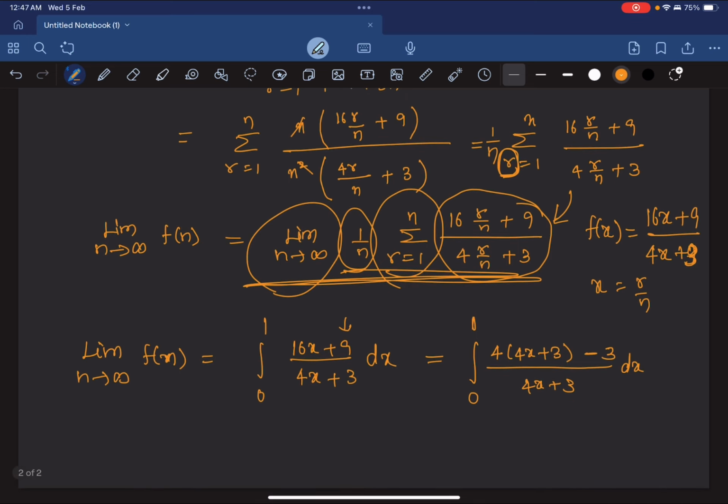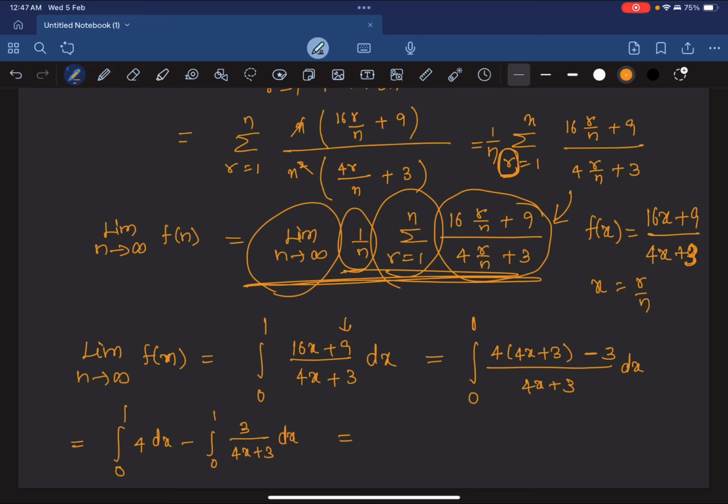Alright, now this will be integral 0 to 1. So in the first term, this and this get cancelled, so it will be simply 4 dx minus integral 0 to 1 of 3 upon (4x plus 3) dx.